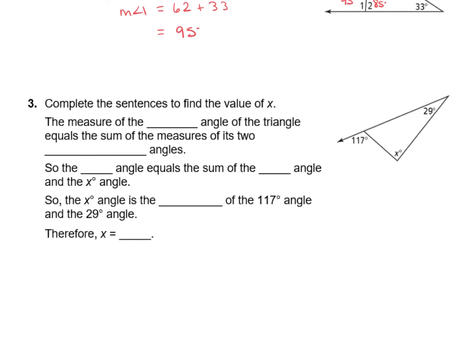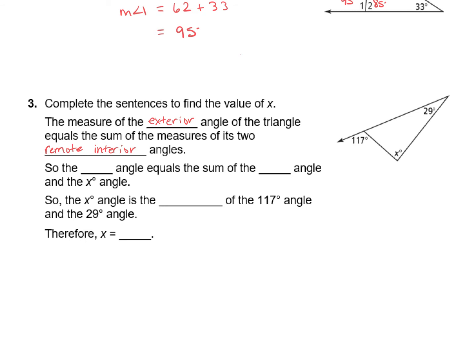Complete the sentences to find the value of x. The measure of the exterior angle of the triangle equals the sum of the measures of its two remote interior angles.